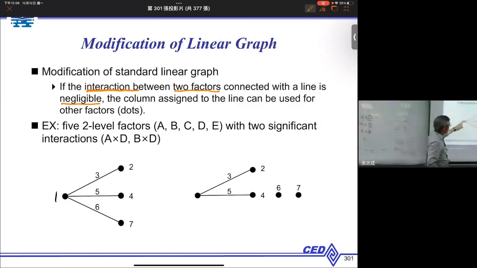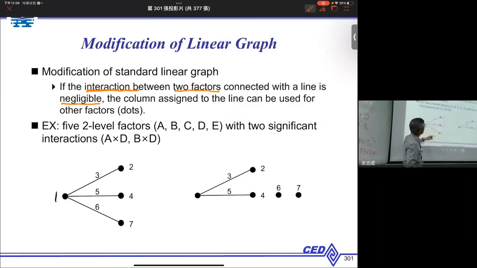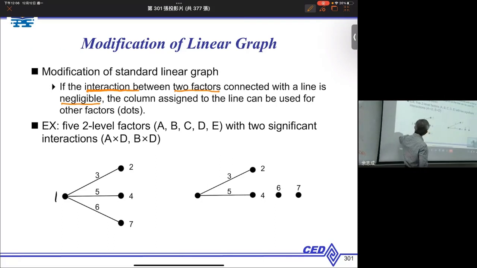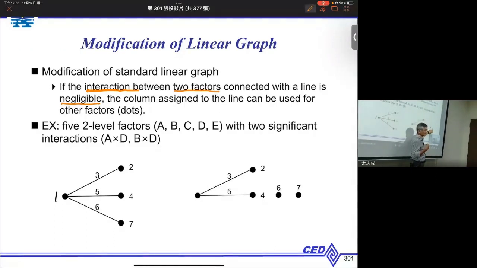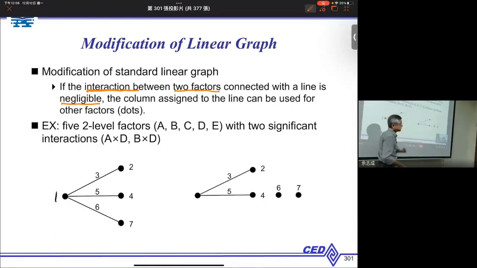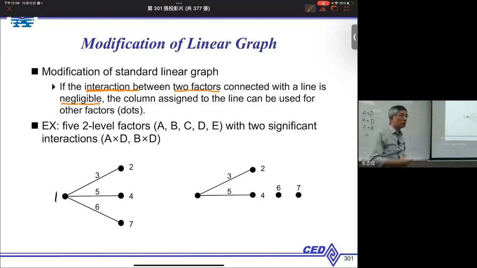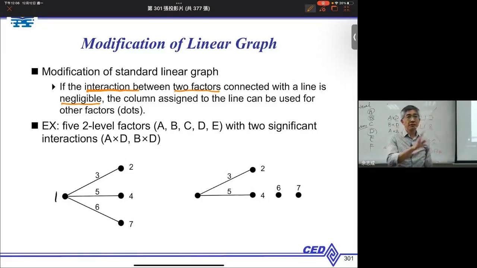If the interaction between 1 and 7 is not needed, since we only have 2 interactions, which need 2 lines reserved, then we can detach the line. See? The line can be detached to create an additional dot. So you can create another linear graph on the right, which can be used for 5 factors and 2 interactions.